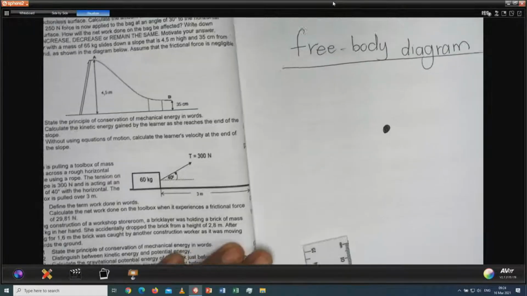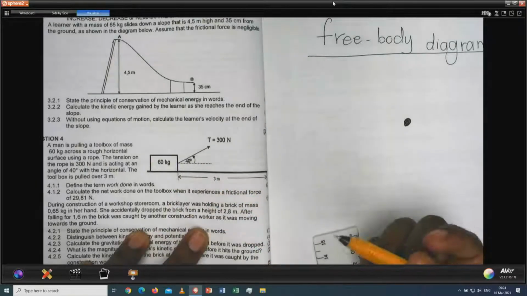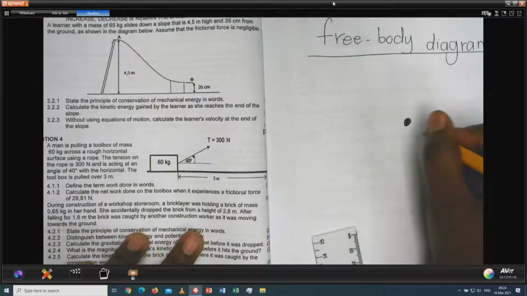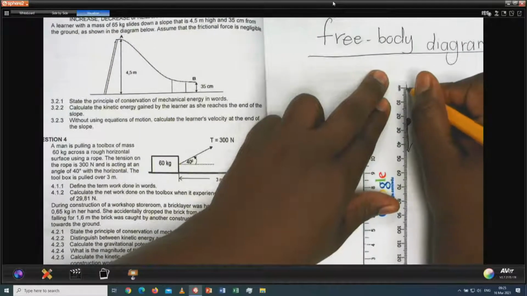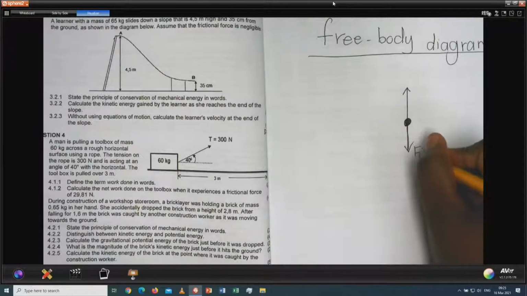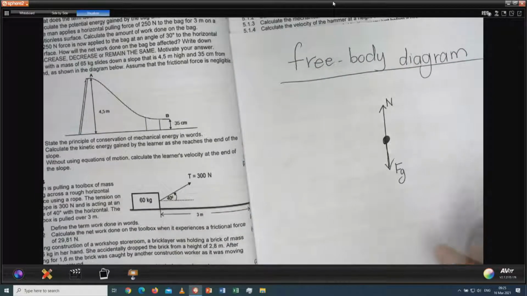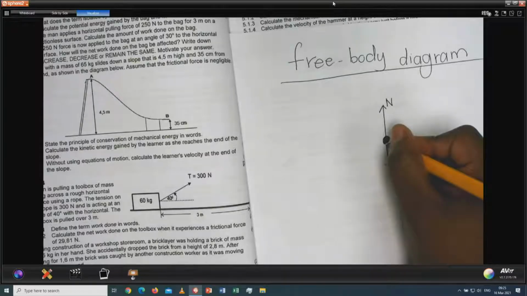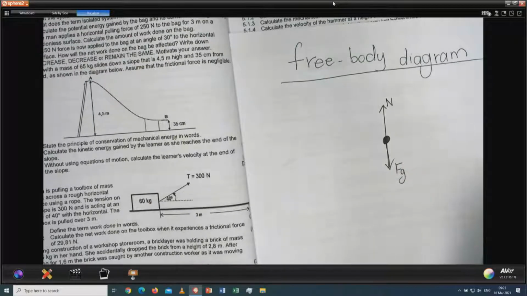Now, if we look at our object, it's resting on a surface. Therefore, the two obvious forces that you are having there will be the force of gravity and the normal force. Now, I usually say, if you are struggling to remember the symbols that are used when you are drawing a free body diagram, rather write it out in words.